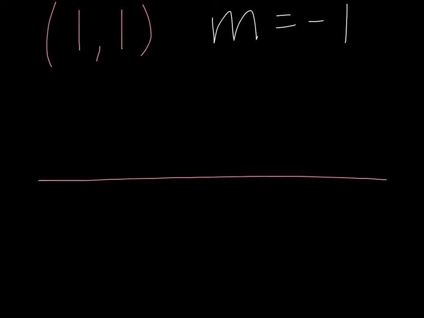Now, to graph something when you're only given the point and the slope, say your point was 1, 1, and your slope was -1. M equals -1. Here's your graph.